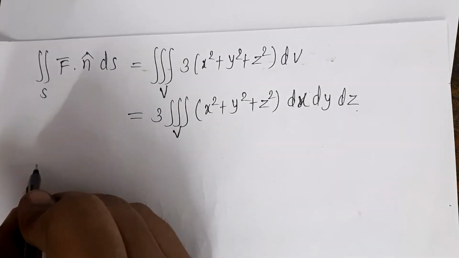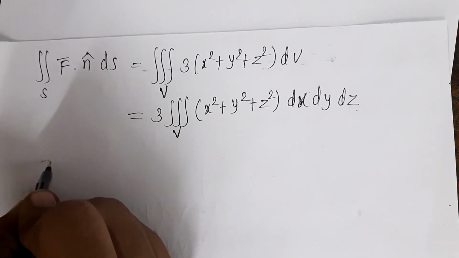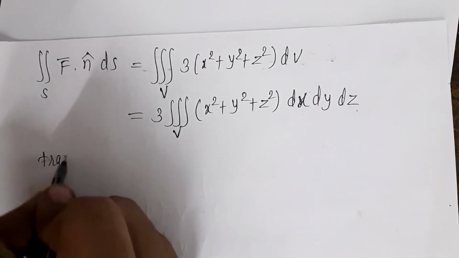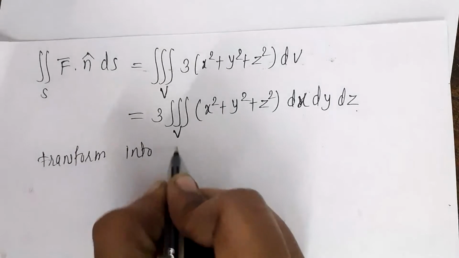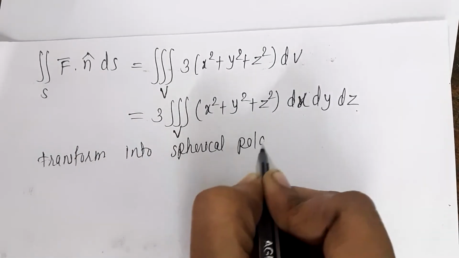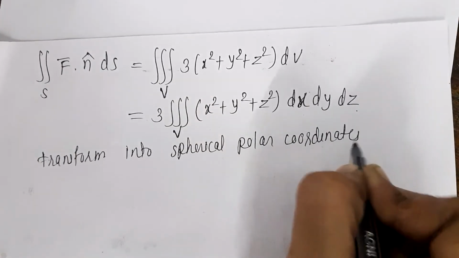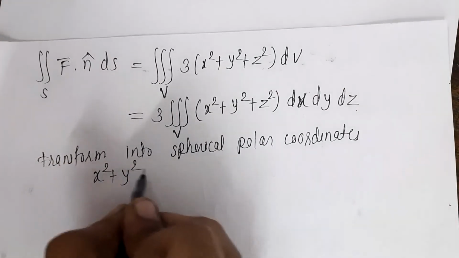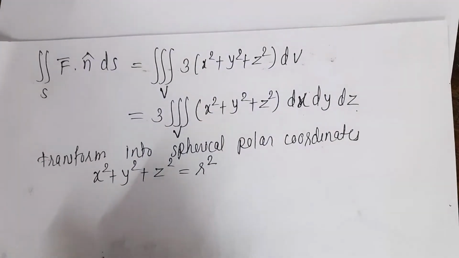So we transform these variables x, y, z into spherical polar coordinates, that is r, theta and phi. So what is the equation? x² + y² + z² is equal to r².